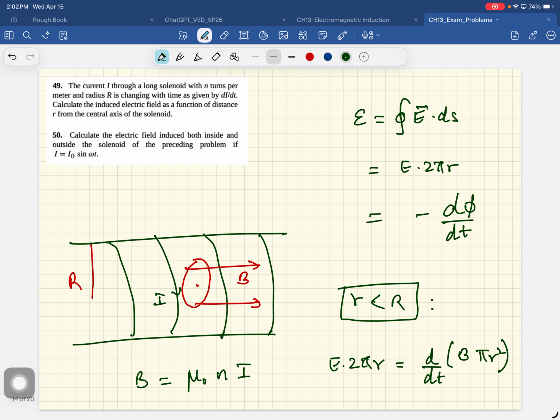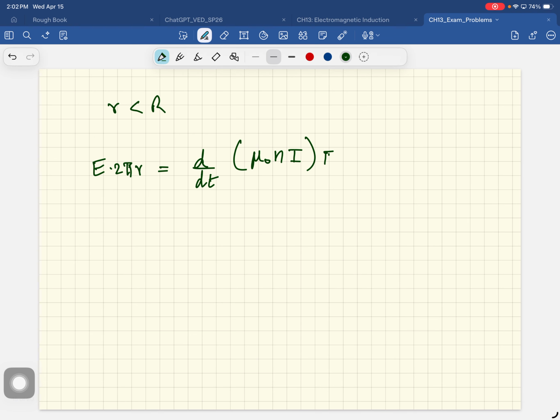This problem says the current in a long solenoid of radius 3 centimeters is varied with time at a rate of 2 amperes per second. A circular loop of wire of radius 5 centimeters and resistance 2 ohms surrounds it.